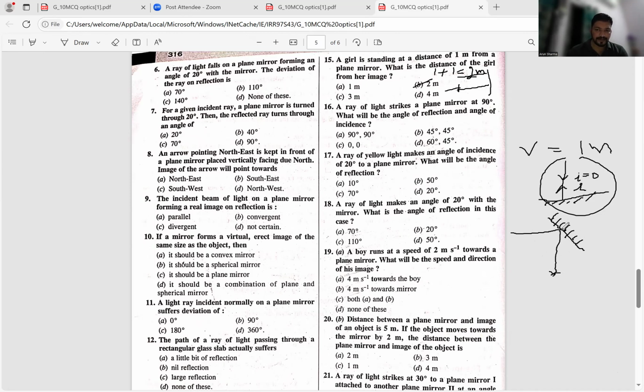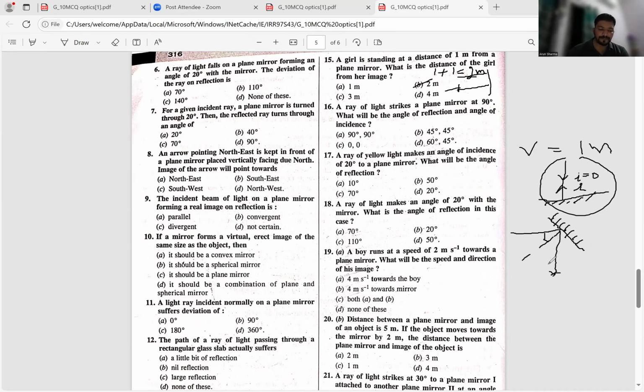It means there is some normal. Here is the normal. So this angle is 45 degrees, maybe. Yeah, I will explain with another diagram. Okay, it's okay with this diagram.